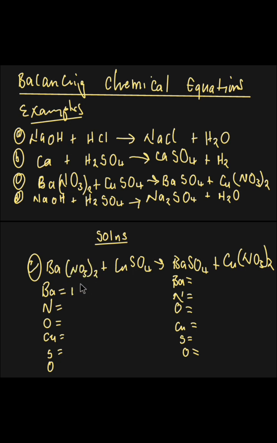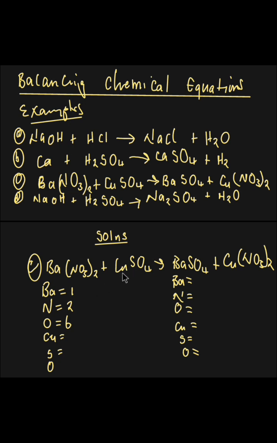So these brackets simply mean that everything that is here is multiplied by 2. So since here on nitrogen there's only 1 inside, times 2, so we have 2 atoms of nitrogen. Then the next thing is oxygen. So oxygen, you have how many? 3. 3 times 2, that is 6.